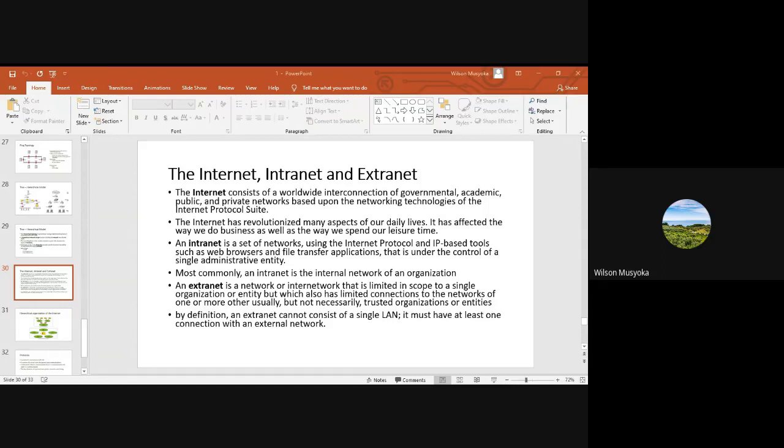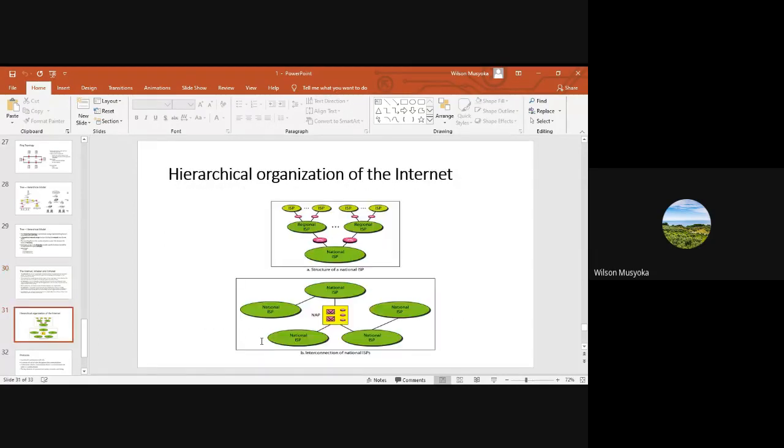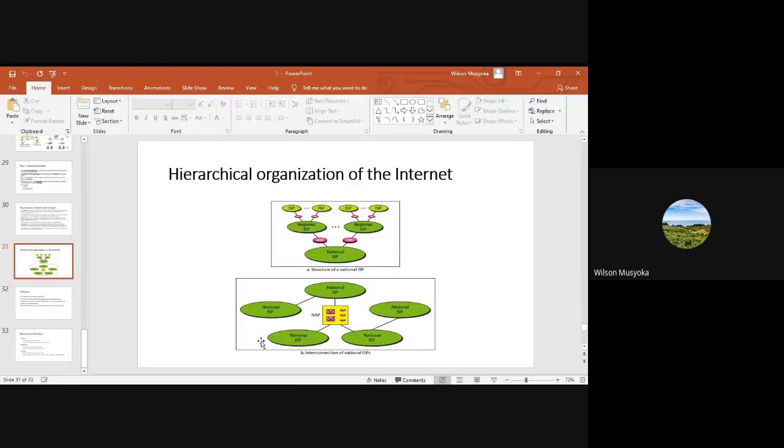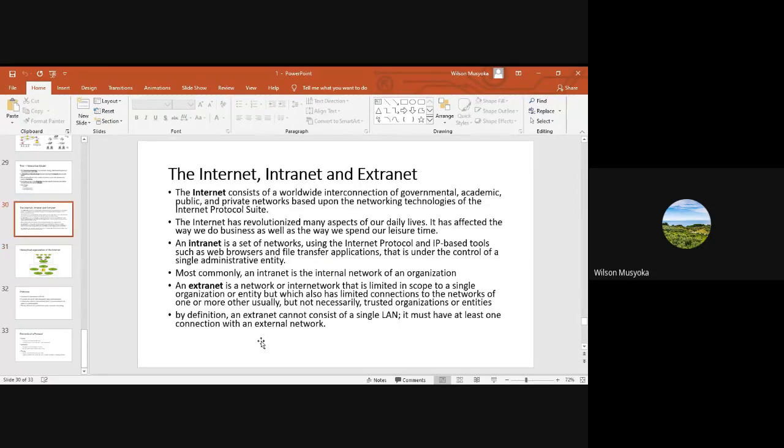When it comes to an extranet, it is also a private network, but here this LAN will allow another private network belonging to another entity to access its network. So I hope that is very clear. That is why I put them there in this presentation. So this is the hierarchical organization of the internet. If it has not made sense, you tell me, I will clarify again.